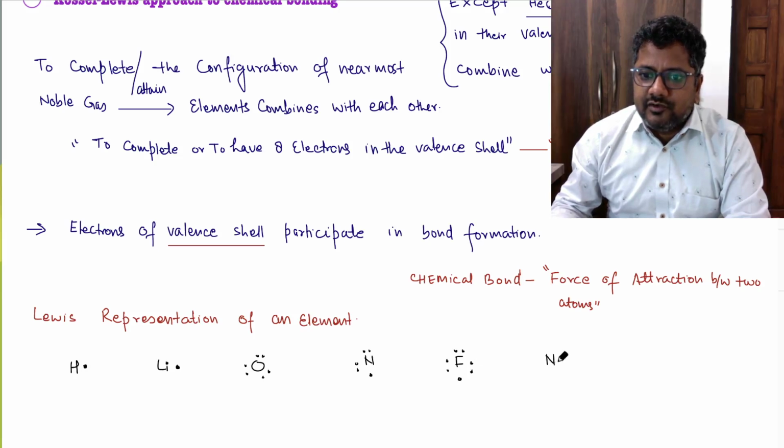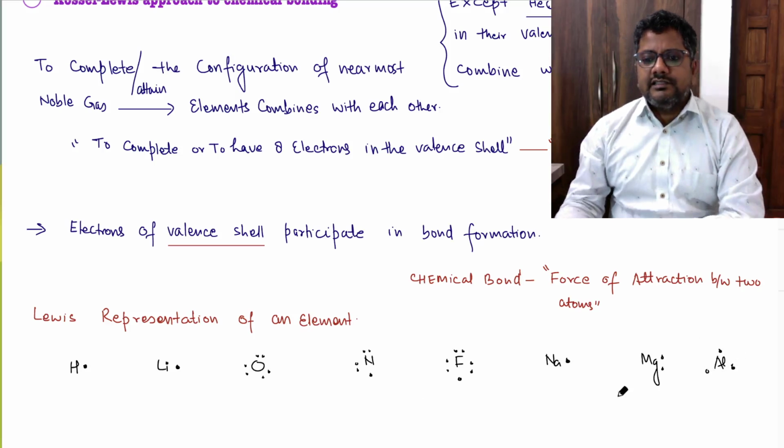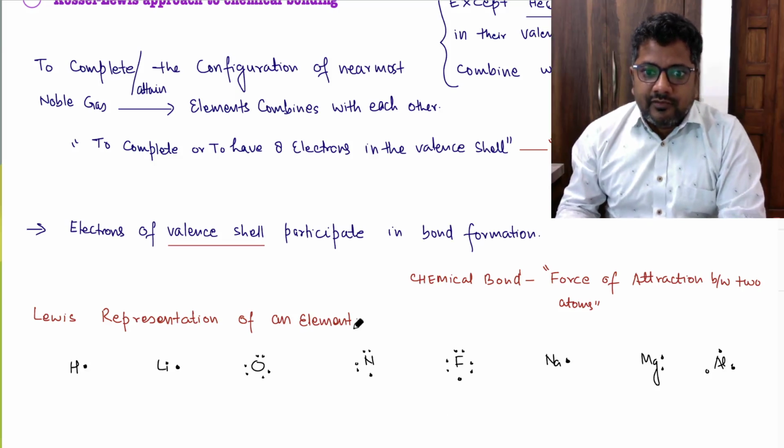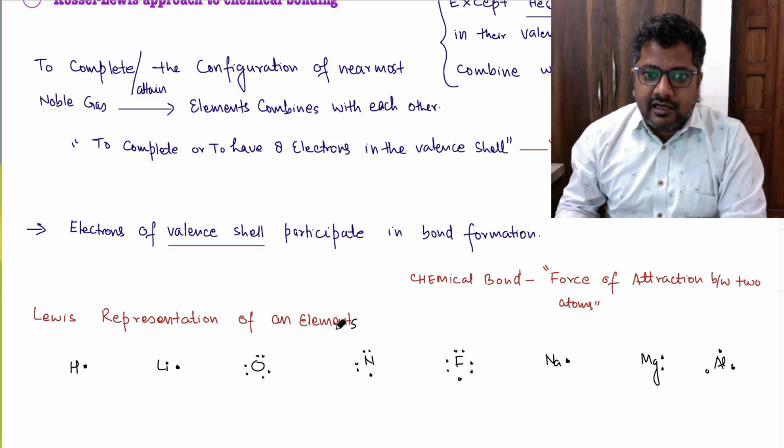Similarly, if you have sodium, its representation is this. If you have magnesium, it is represented like this. If you have aluminium, it has 3 electrons, right? So all these are the Lewis representations of elements.